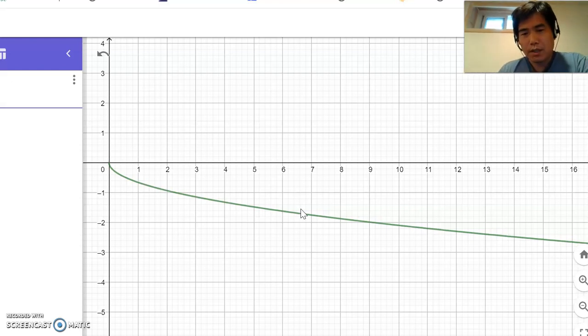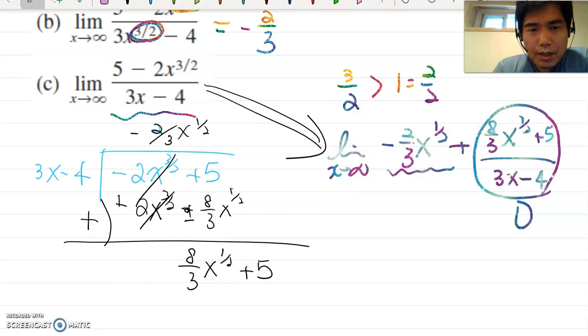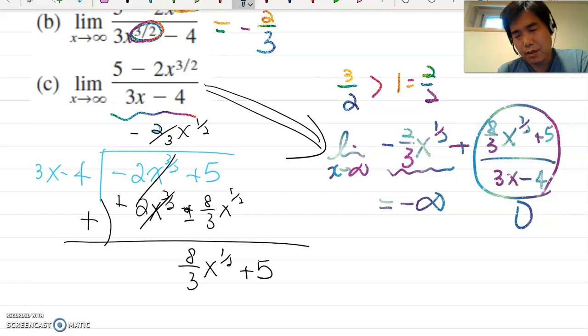So I can say the limit becomes negative infinity basically. That's the answer for this problem.